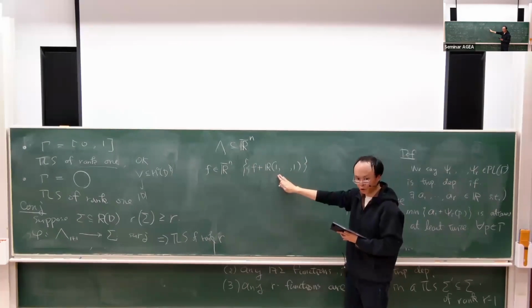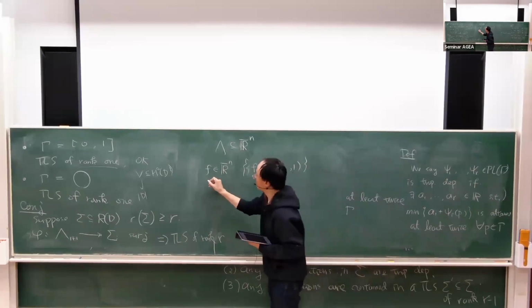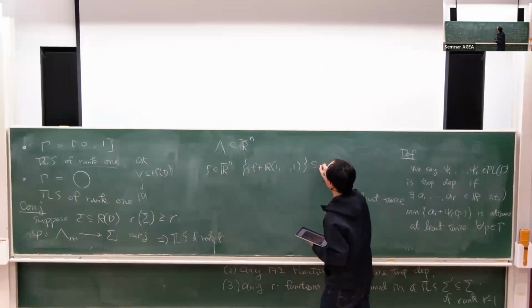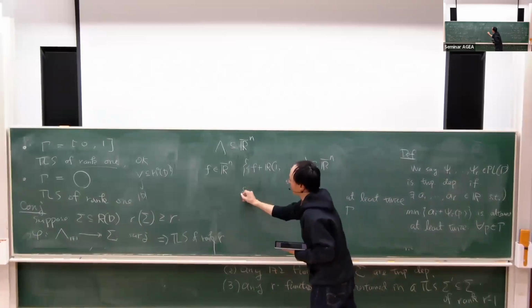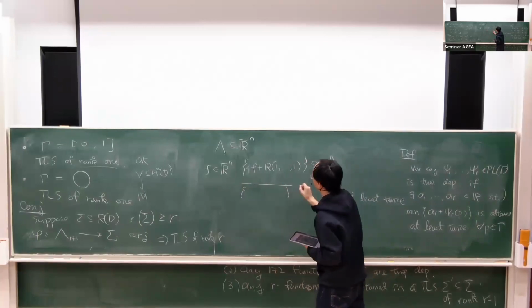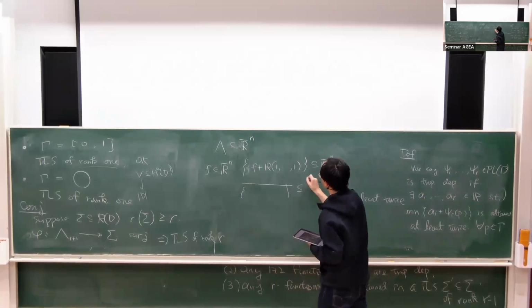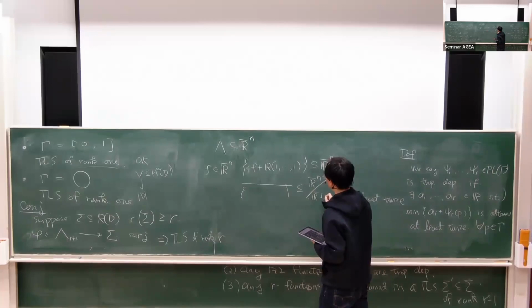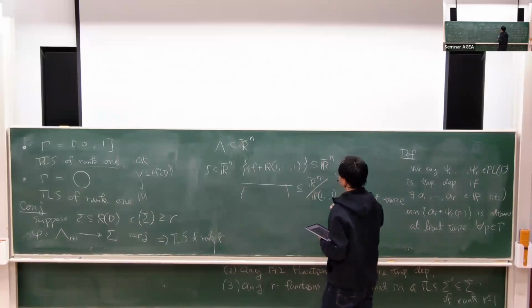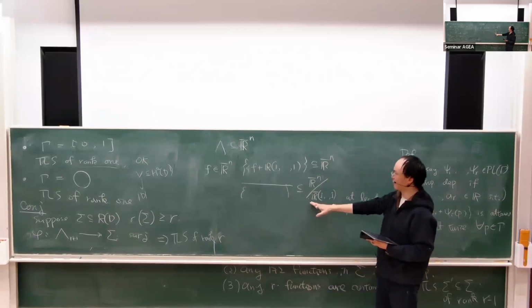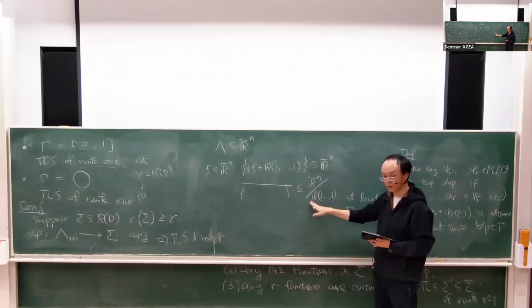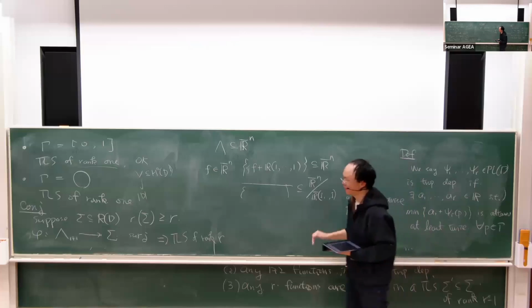But this module is in R-bar^n, which is one dimensional. But usually we want to consider the image of this set inside this quotient space. So in this space, it's actually of dimension 0. It's a point.